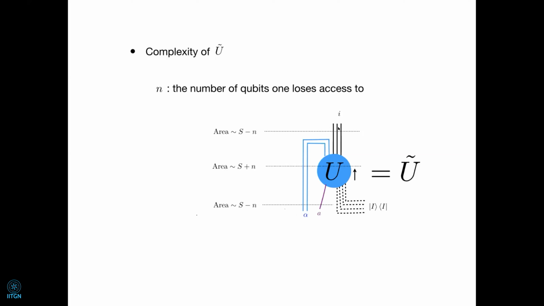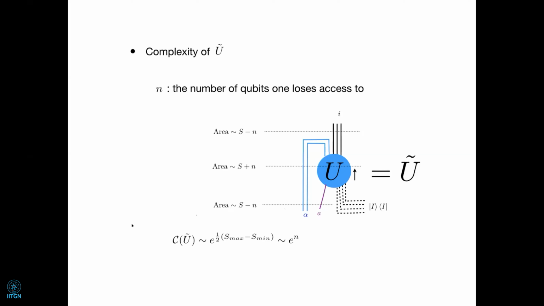And then there is a smaller neck here, corresponding to area S minus n. And this part also corresponding to area small S minus n. So smaller area, larger area, smaller area. What we see is exactly the Python's lunch scenario.